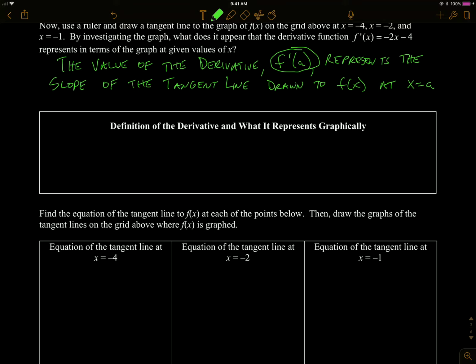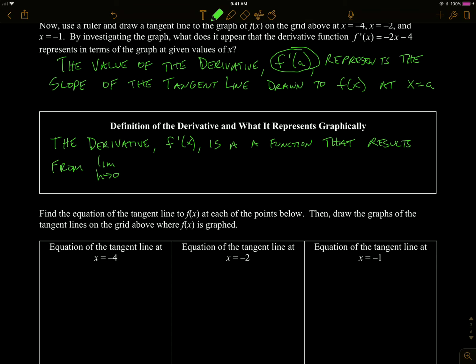All right, so we just came up with the definition for the derivative, and it's based in limits. So all of the limit properties are going to apply to derivatives as well. The derivative f prime of x is a function that results from the limit as h approaches 0 of the difference quotient, f of x plus h minus f of x all over h.